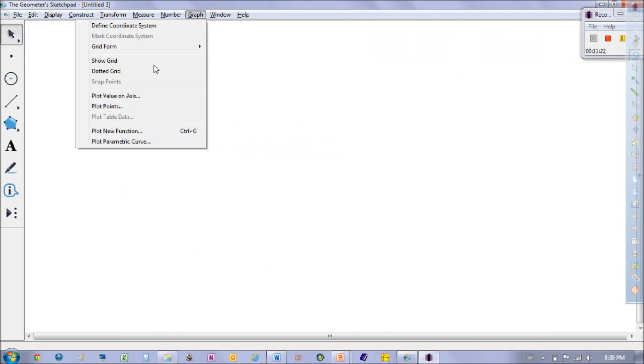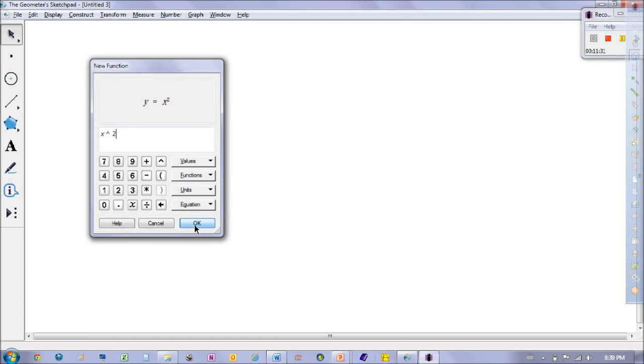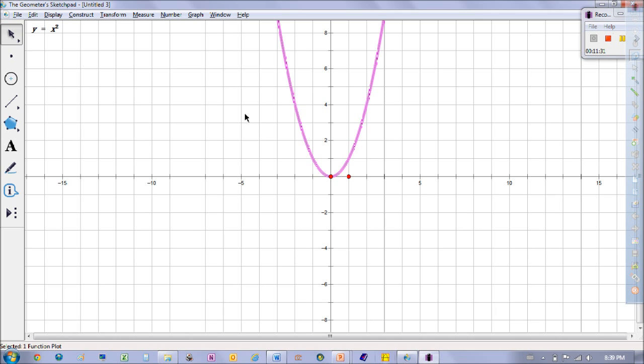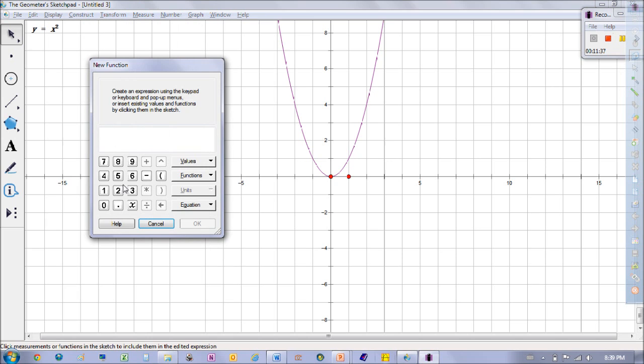So the first one, we said it was our baseline, y equals x squared. And we've gotten used to what it looks like. The next one that we're going to graph is going to be y equals x squared plus 1.